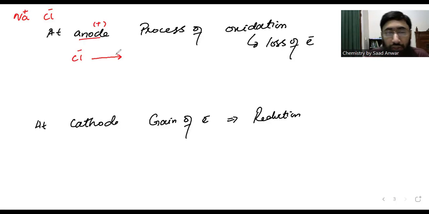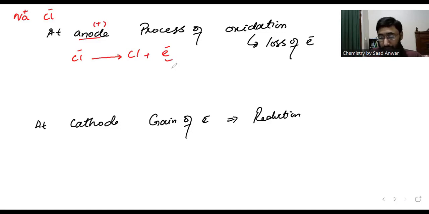Oxidation is loss of electrons. The chloride ion will give up an electron and convert into a chlorine atom. This is the chloride ion, this is the chlorine atom, and this is the electron lost during this process.